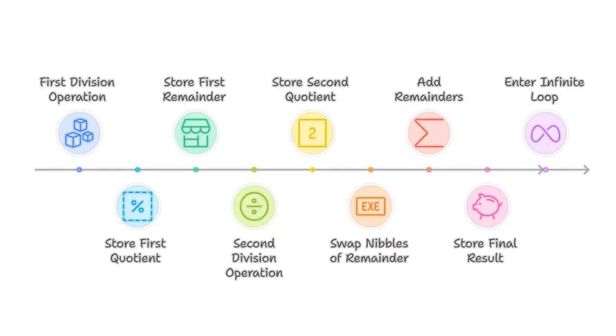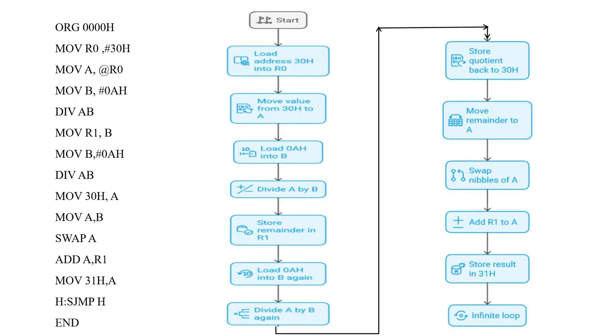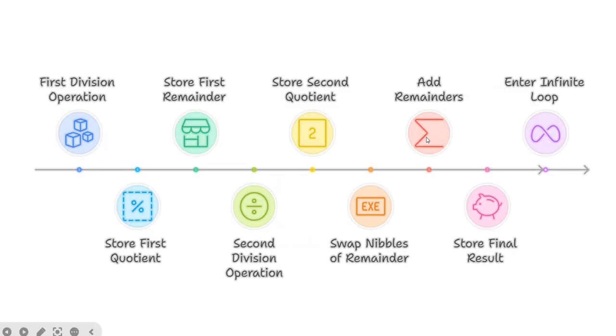So here what we are doing, we are first performing the division operation. Then we are storing the first quotient and the first remainder. Then we are going for a second division operation and we are storing the second quotient and second remainder.